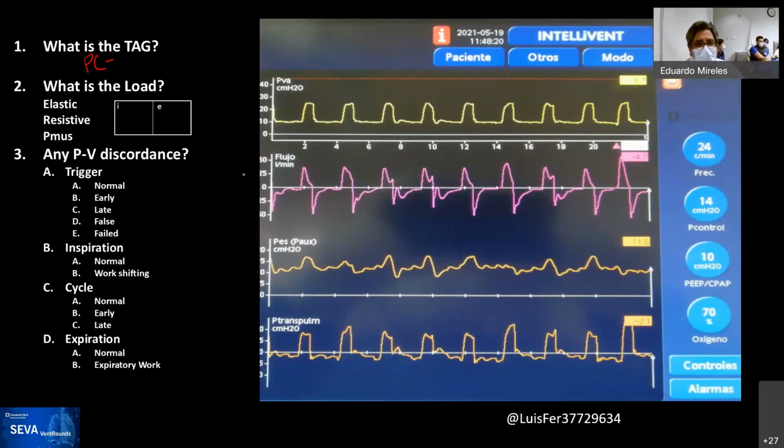Yes, that's flow. Pressure control. I think the cycle times may be different. It's hard to see with the scale.